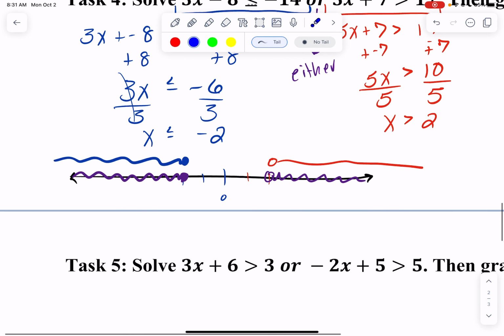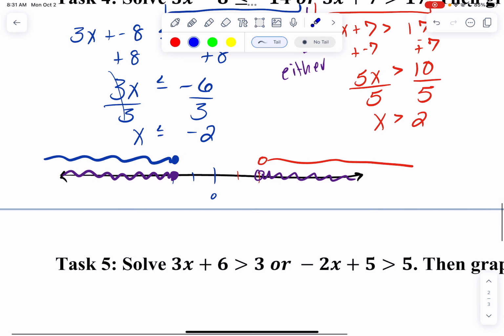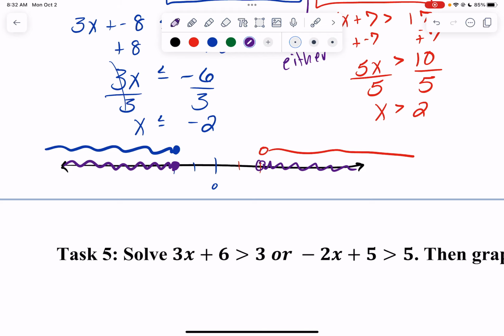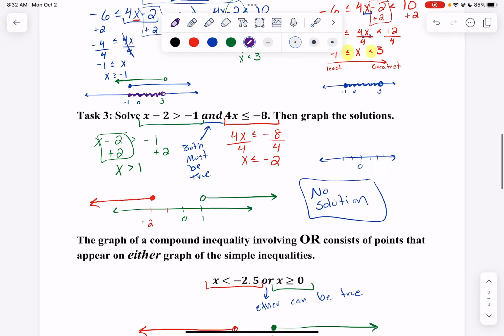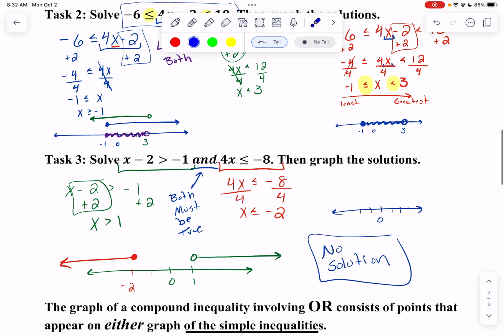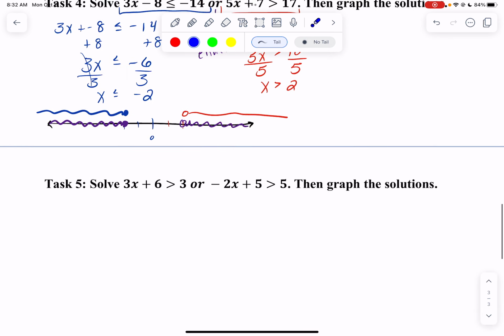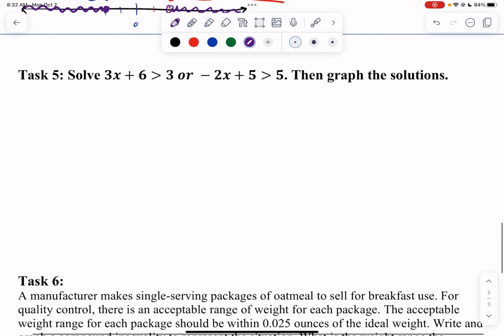Because sometimes you'll see in the next one, it isn't always opposite directions. It doesn't always work out like this with an or statement, just like it doesn't always work out with the overlapping with an and statement. These didn't overlap.